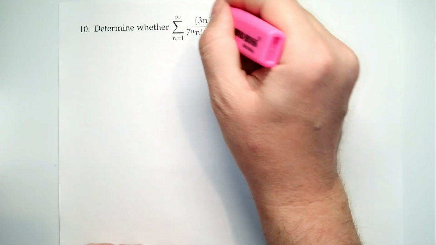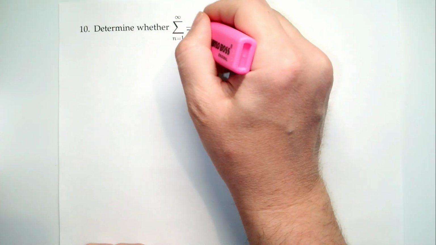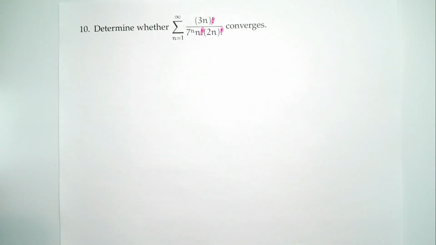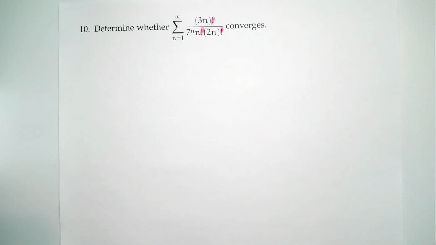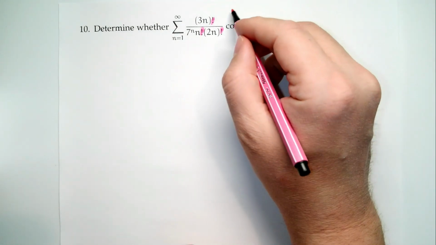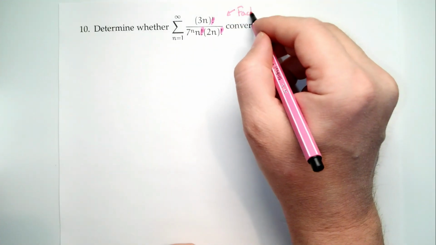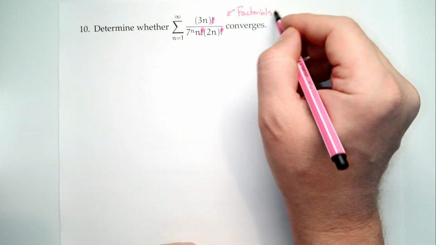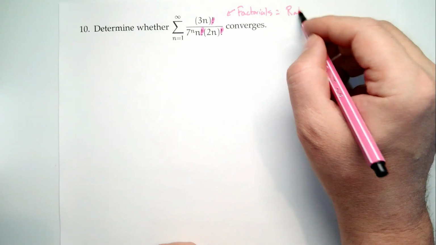The answer is, and this is not the only answer, if you ever see those exclamation marks, it's not like we're going around saying 3n on the top. No, 3n factorial, right? It's not just that we're very excited about that 3n. It represents something. And so when we see this, we say, aha, factorials mean something in particular, it means that we're going to use the ratio test.